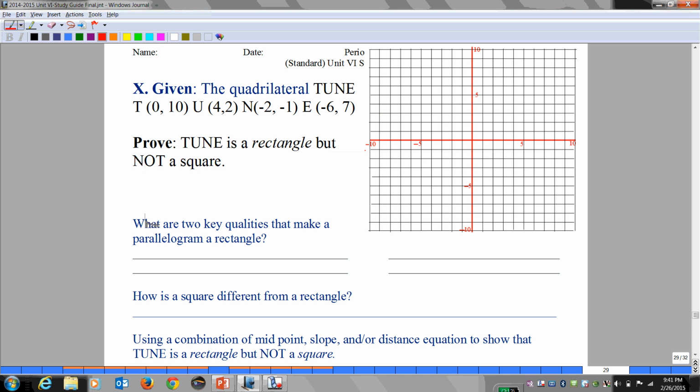First, we're given a quadrilateral, TUNE. This one we actually have to graph, so let's graph it together. T is at 0, 10. And U is at 4, 2.